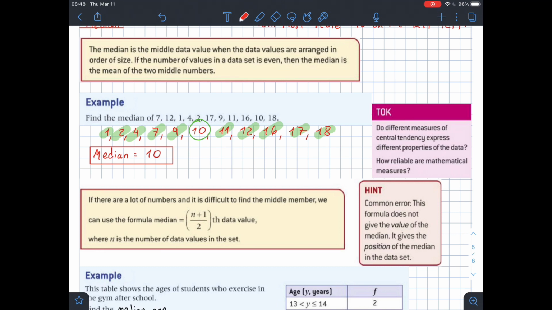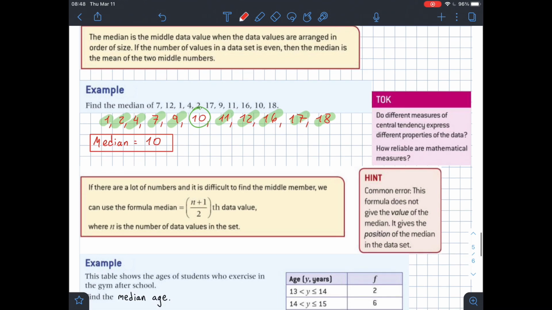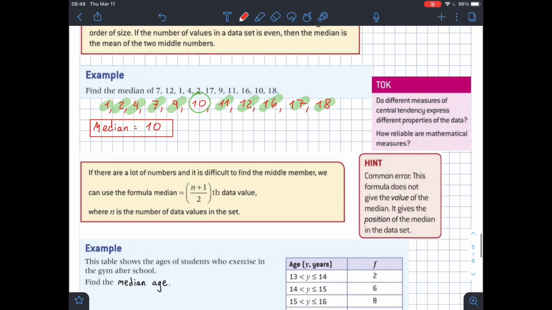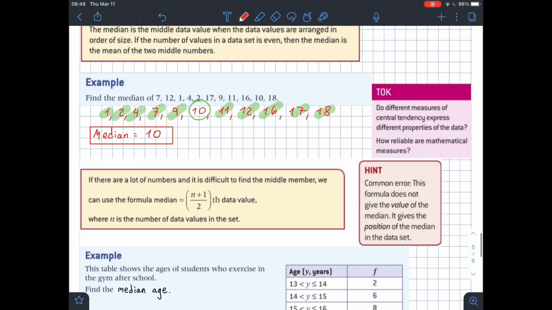So the different statistical measures definitely tell us different things about our data set, right? If the mean is very different from the median, maybe that means that we have an outlier, right? So it definitely tells us things or properties about our data.